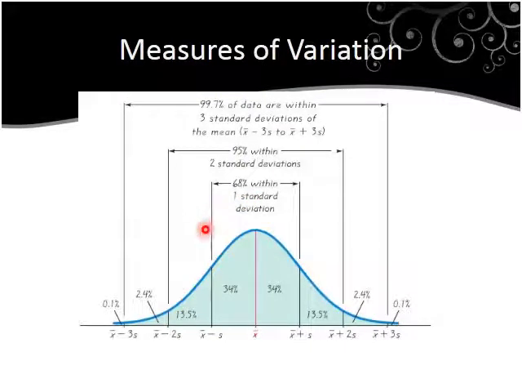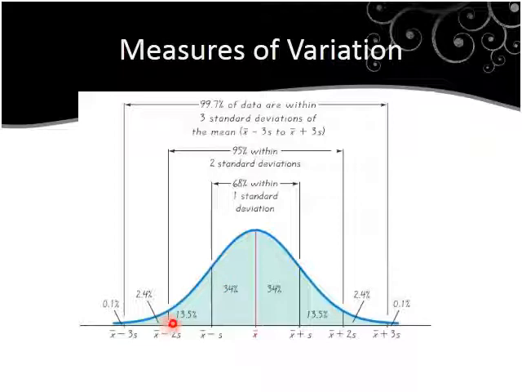This is just a graphical representation of the empirical rule. If this middle part represents the mean and our data is this bell-shaped or normal curve, then 68% lies within 1 standard deviation. So half of 68 is 34% above and about 34% below.